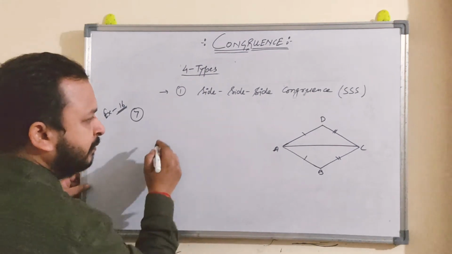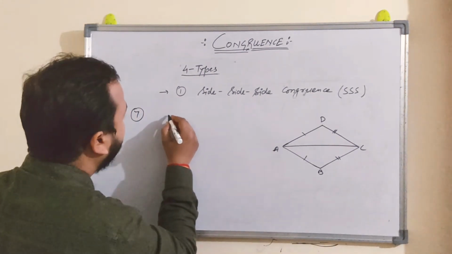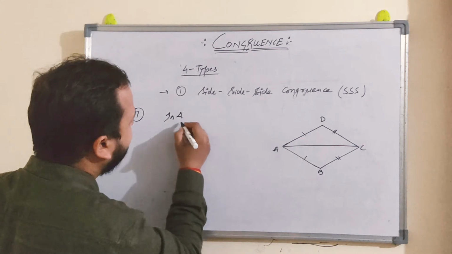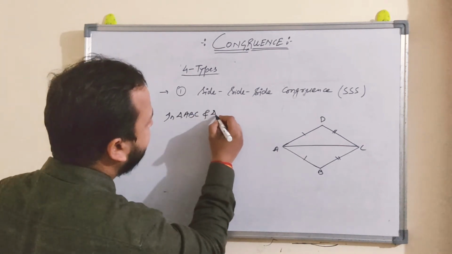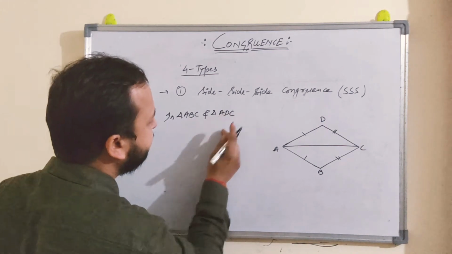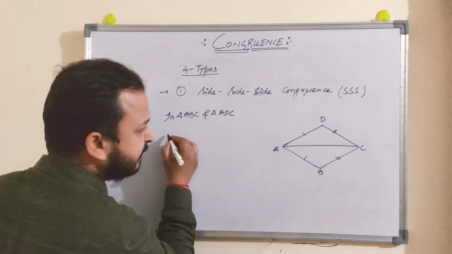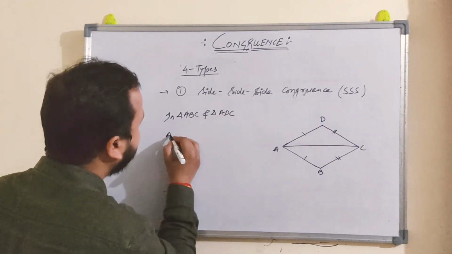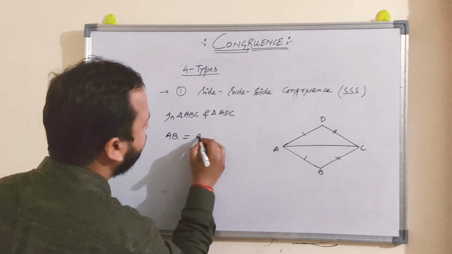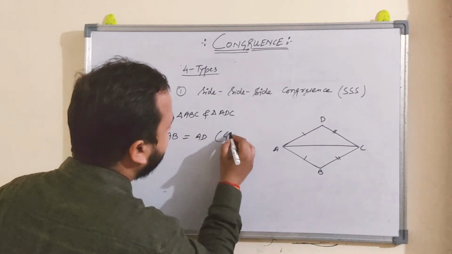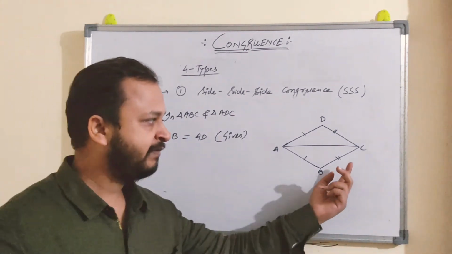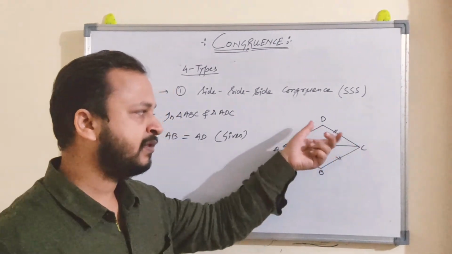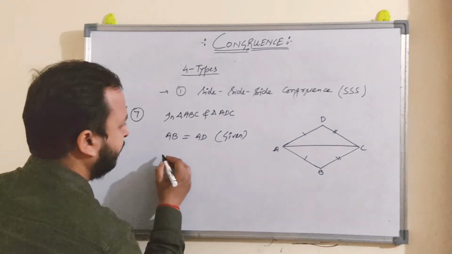Right? So here in triangle ABC and triangle ADC, what is given? It is given that AB is equal to AD, in the question. Next, BC is equal to CD or DC.